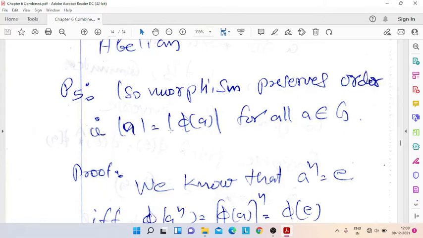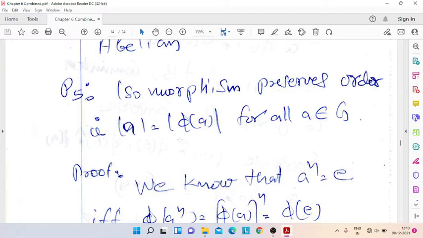The fifth property states that isomorphism preserves order. In the simplified form, it states that isomorphism preserves order.